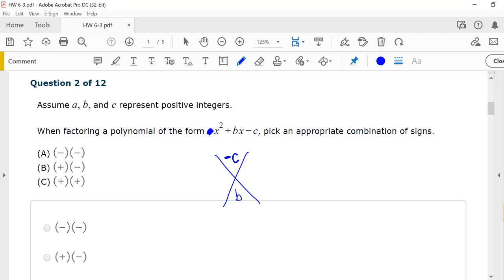If we multiply both of the numbers and we get a negative, that means one of them has to be positive and one has to be negative. And the positive is going to be the bigger number, because when we add them together, b has to be positive. So I would get a positive and then a negative. That would be my answer choice.